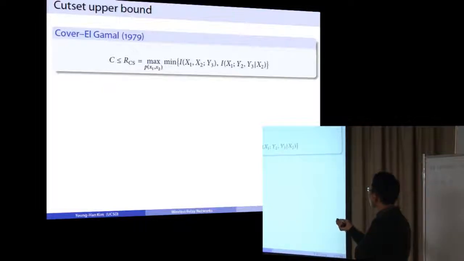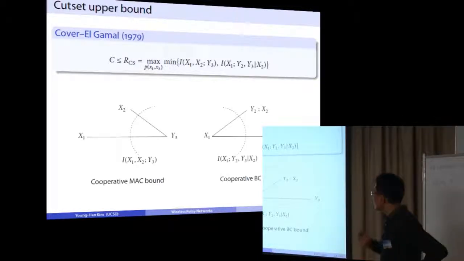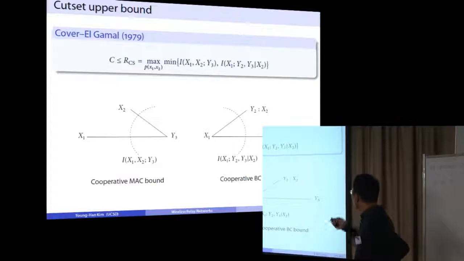Cover and El Gamal in '79 wrote a classic paper on relay channels. So we are going to look at many results from that paper. And one result there is that the capacity is upper bounded by the so-called cut-set rate, which can be written as the maximum of the minimum of the mutual information I(X1,X2;Y3) and I(X1;Y2,Y3|X2). Here is a mnemonic for understanding this bound.